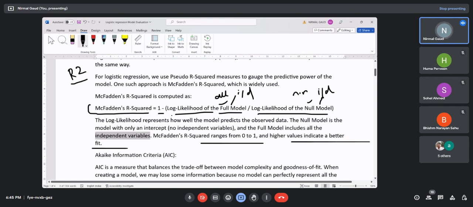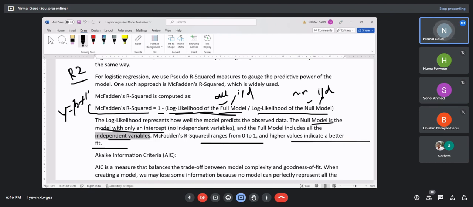And here is the formula for calculation of R square related to logistic regression. Log likelihood of the full model, where we are going to have all the features, all the independent variables, and the null model, where I'm going to have only an intercept. There are no other features available, only intercept. Now y equal to beta naught plus beta 1 x.